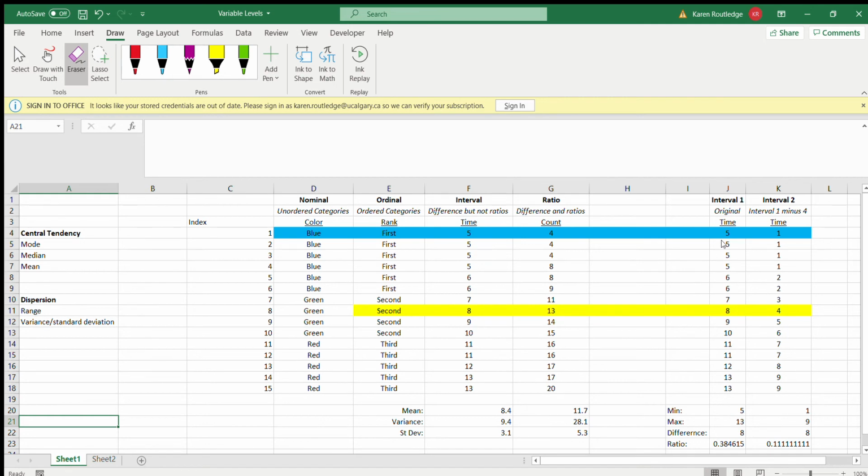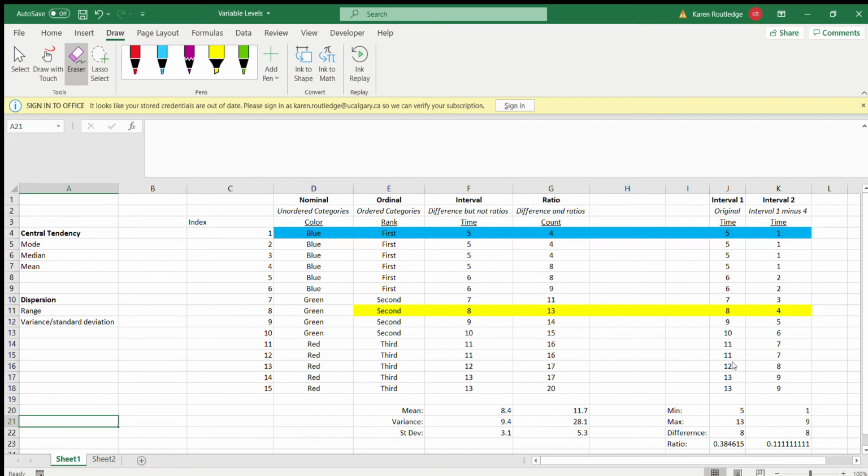Because we've subtracted 4 from the entire data set, the difference from this one compared to this one is still 8. Again, addition and subtraction works just as we would expect for interval level data. But if we now take the ratio of the minimum divided by the maximum, remember min divided by max over here was 0.38, now min divided by max is 0.11.